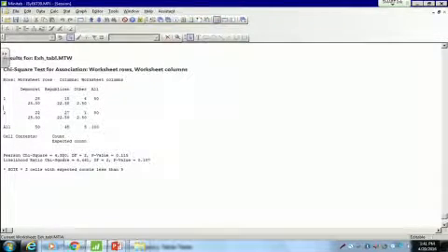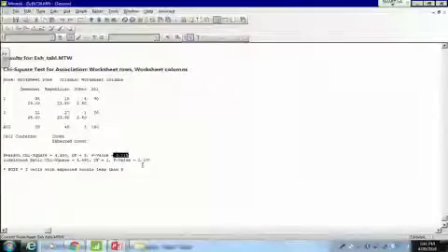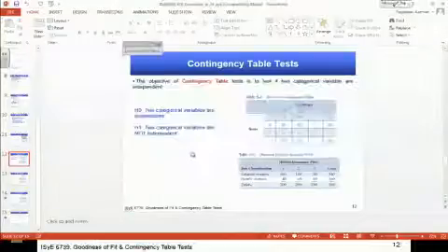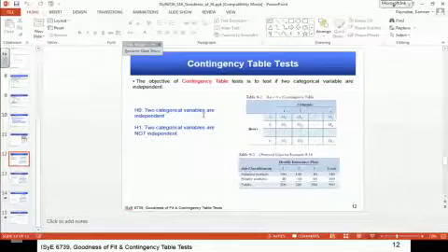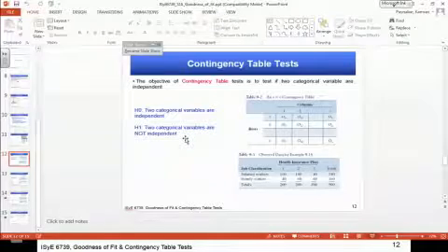And as you can see, the p-value here is 0.1, which is greater than 0.05, so we do not reject H naught, which means what? These two variables are independent. Because our H naught was what? Two variables are independent. Alternative, they are not independent. Okay?